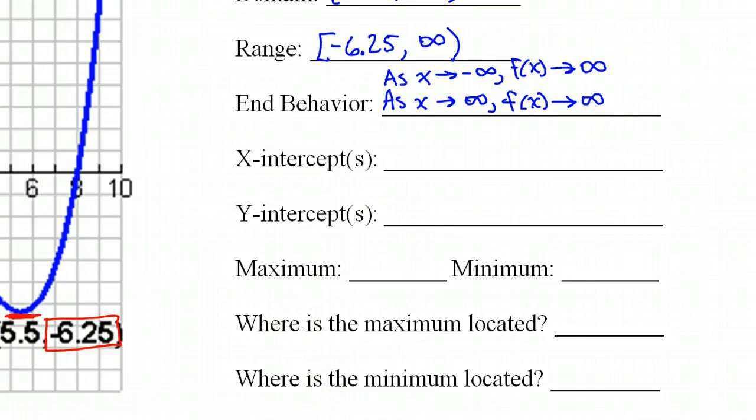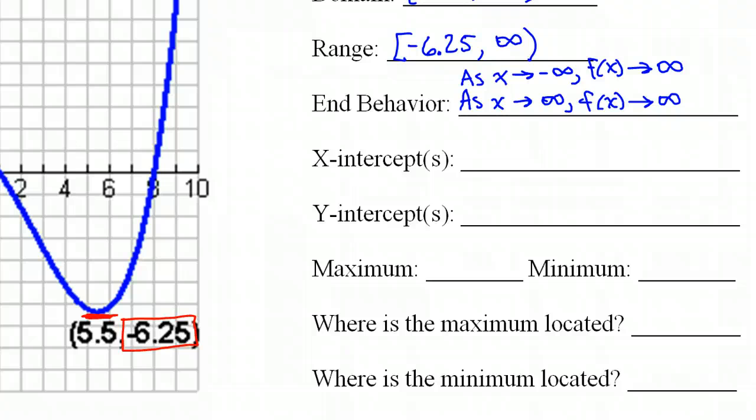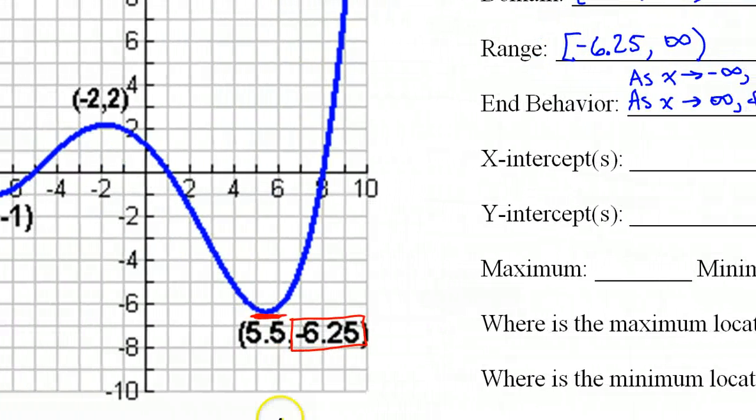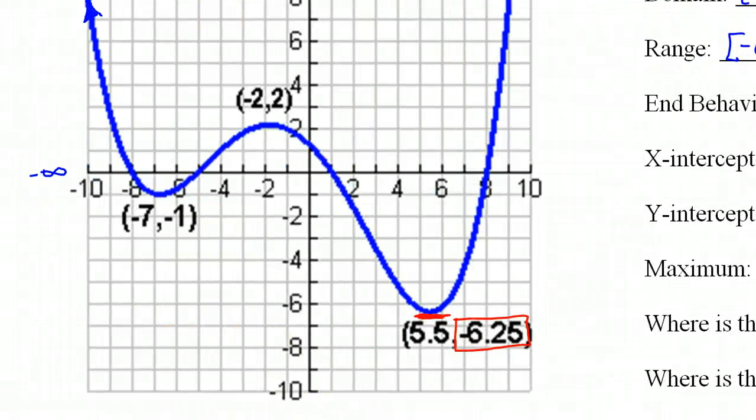Anyway, the x-intercepts. When we talk about x-intercepts and y-intercepts, we are talking about points, ordered pairs. The x-intercepts are the points where the graph touches the x-axis. Let's see. There are 1, 2, 3, 4 x-intercepts.